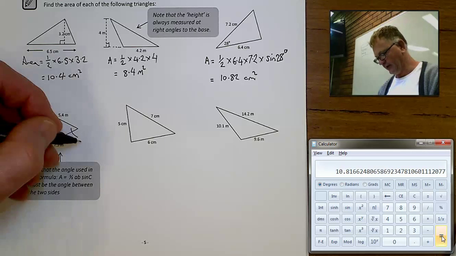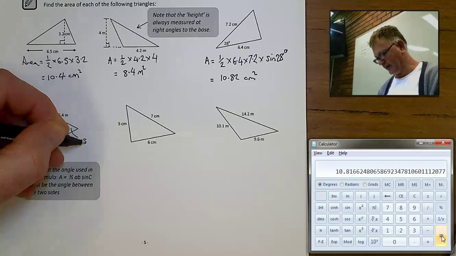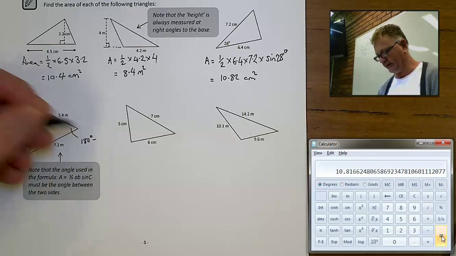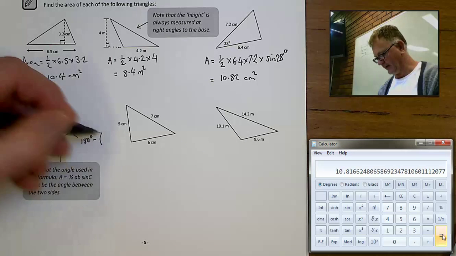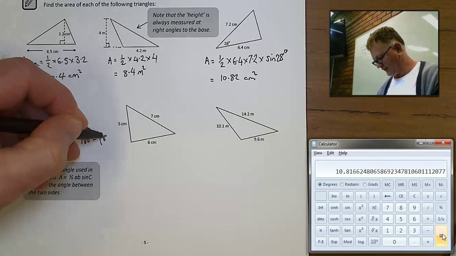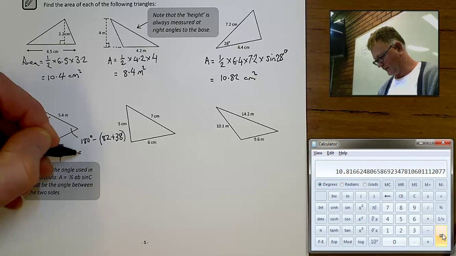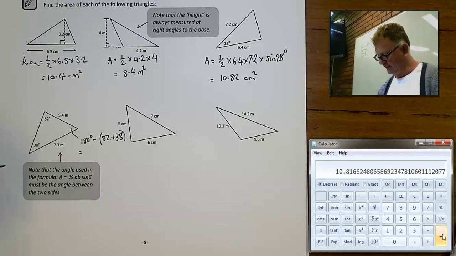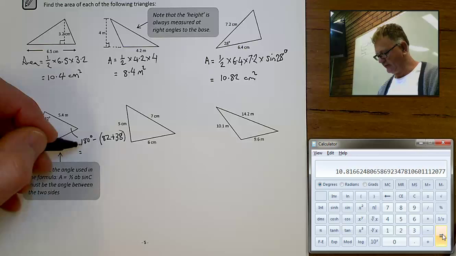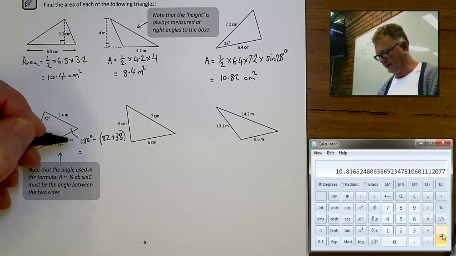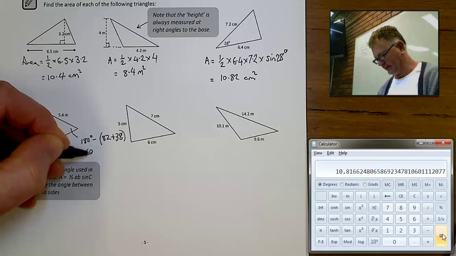So this angle is going to equal 180 degrees minus this one and this one added together. So that's going to equal 180 minus 120, which equals 60 degrees.